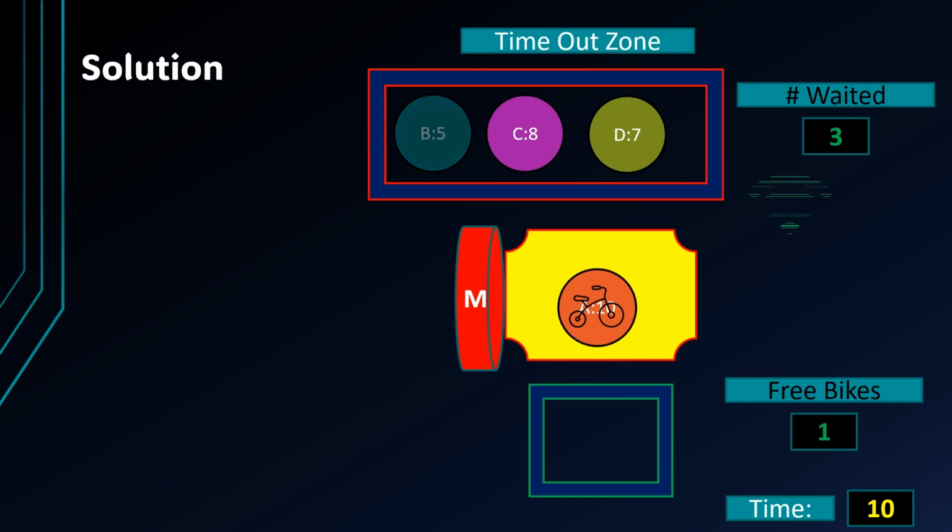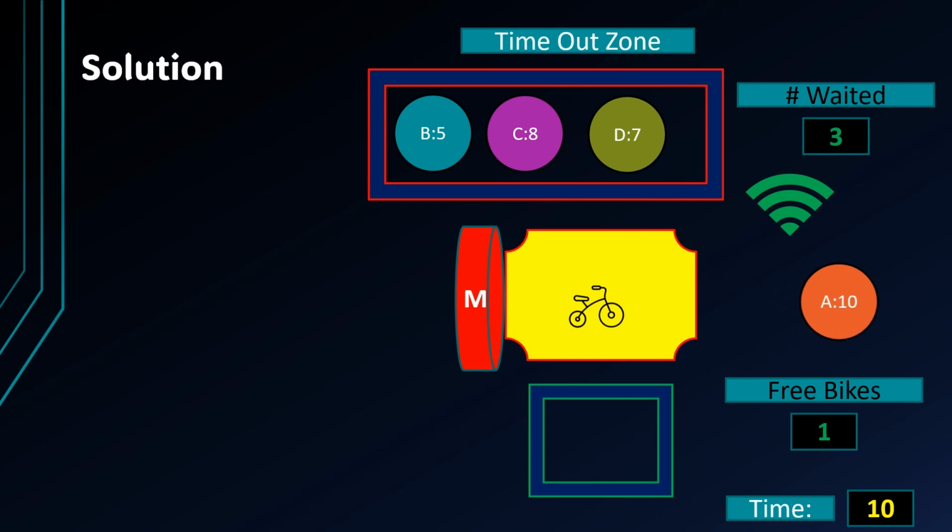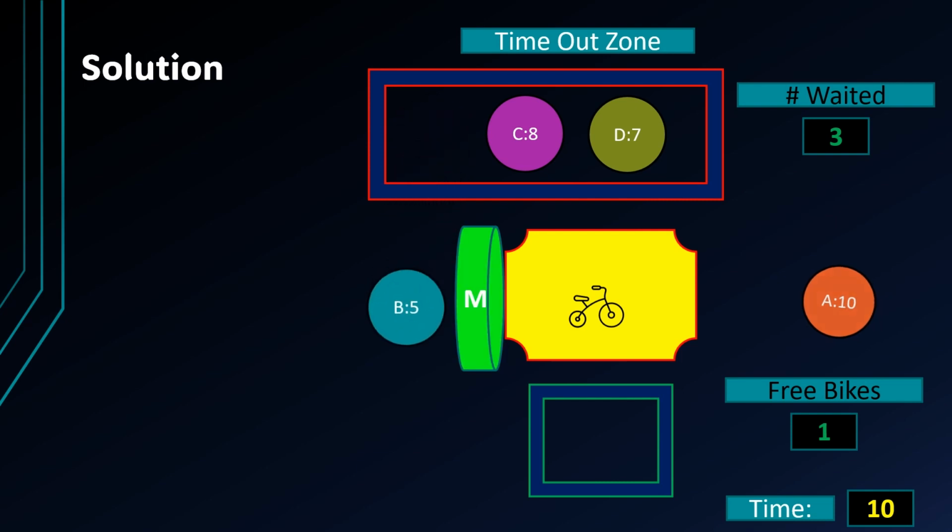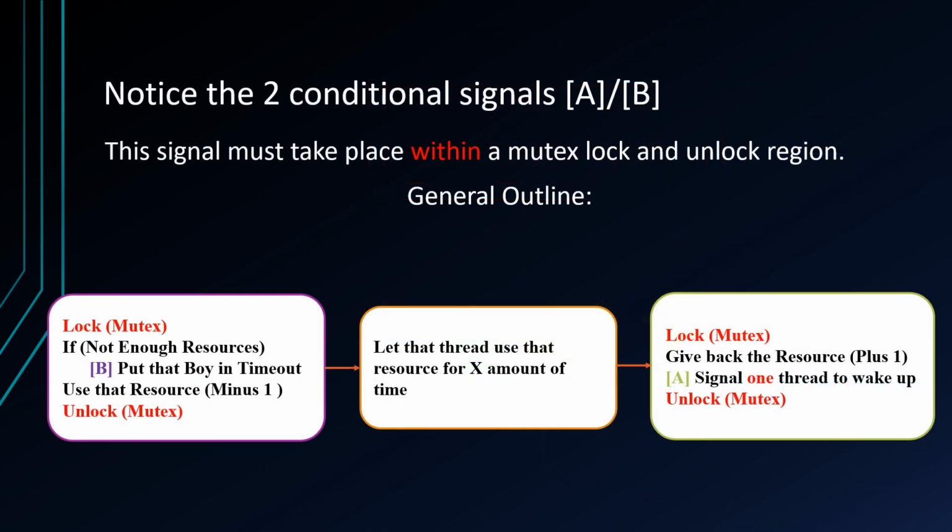So A leaves and he signals, but notice this mutex is still locked, right? And signals for B to come out. B comes out, then we unlock, and A does its thing. Anyways, that was all the point. This is all going to happen in that function to create a thread. This is basically it.